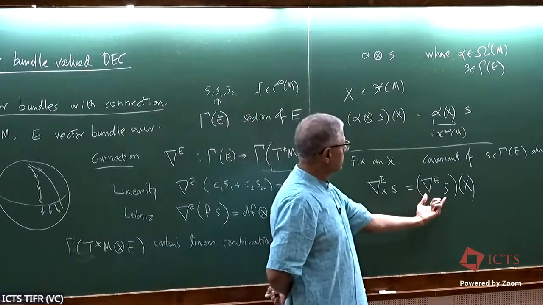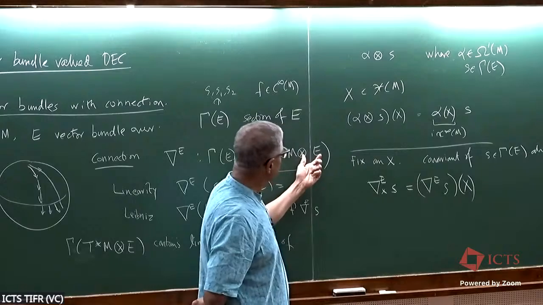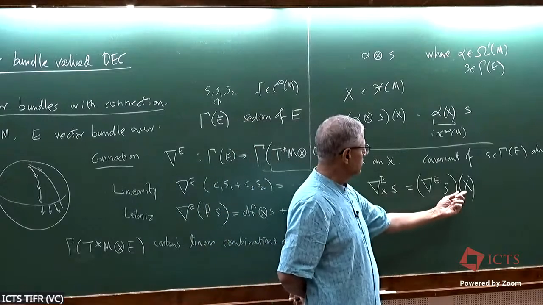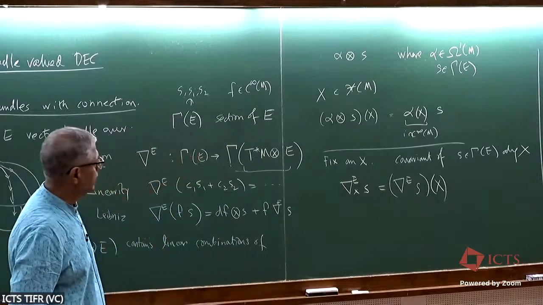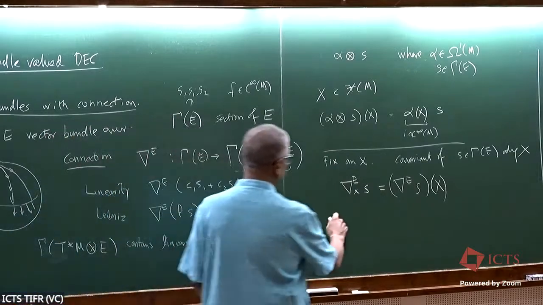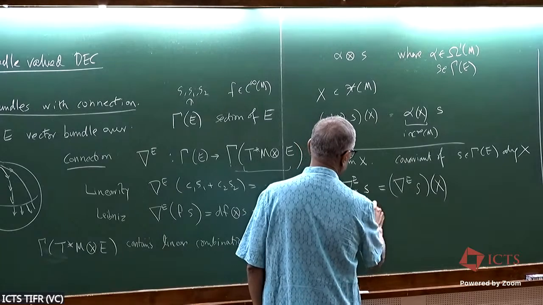So we said this guy lives here. So it's a one form, E valued one form. So when you give it a vector field, you get a section. So this covariant derivative, therefore, for a fixed X just maps sections to sections.